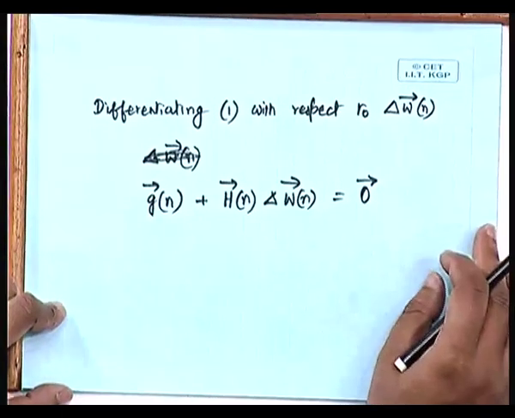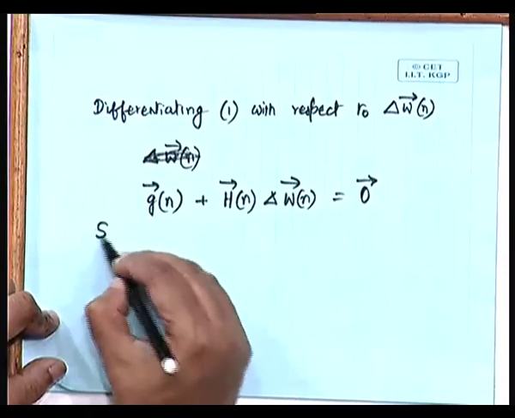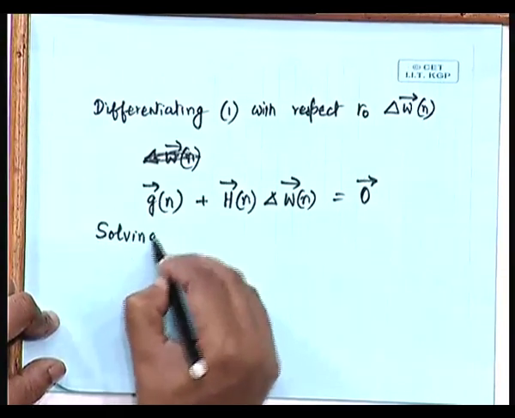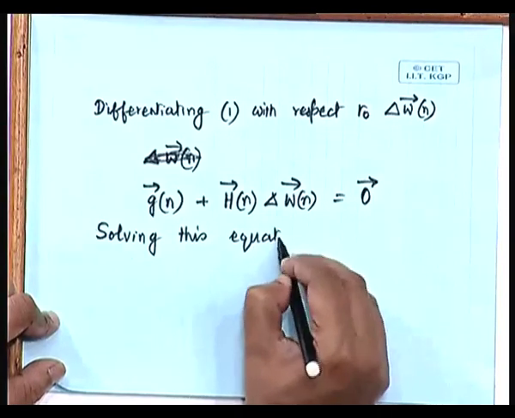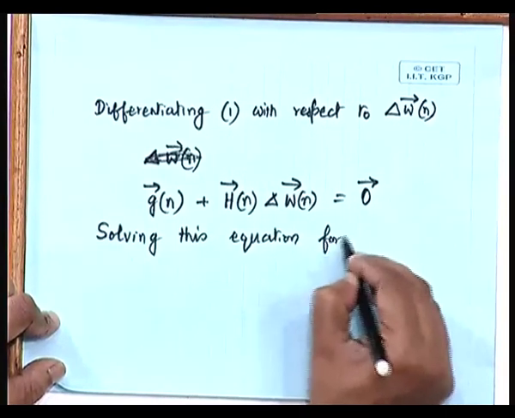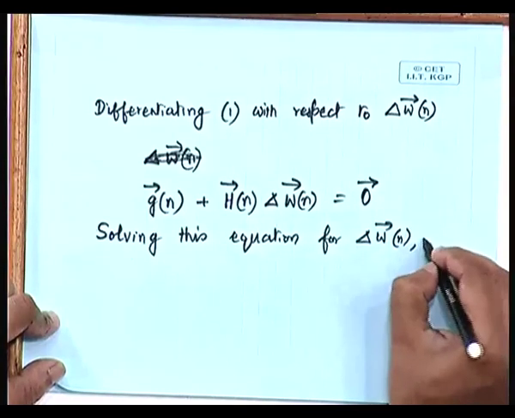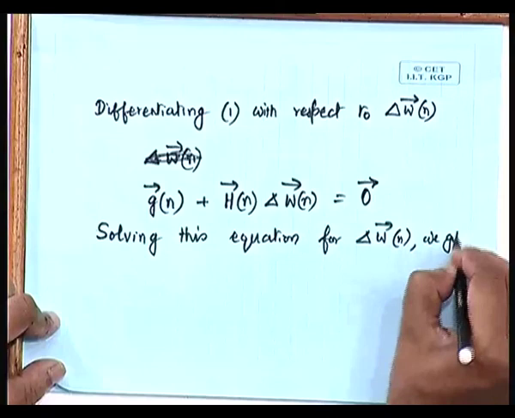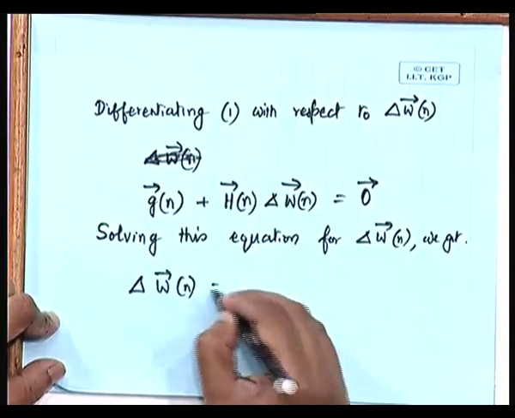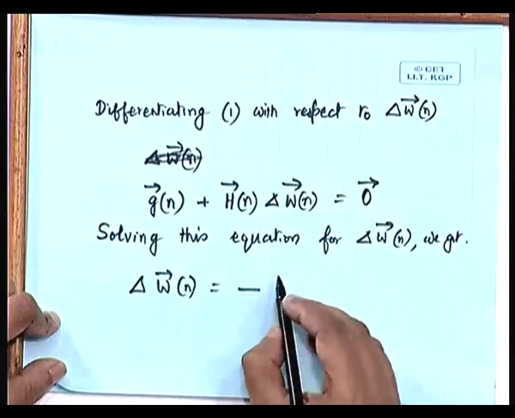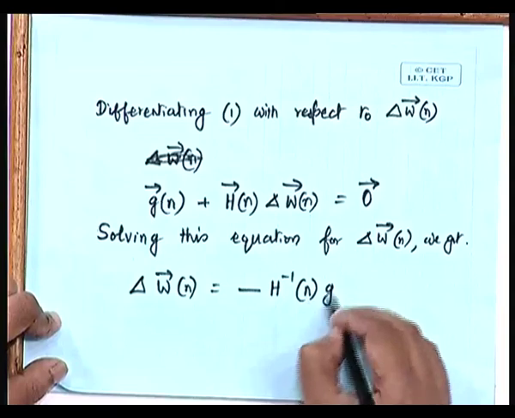That is why I am putting the vector notation here, and we are going to solve this equation for delta W n. So, we get delta W n is equal to minus of H inverse n, G n.